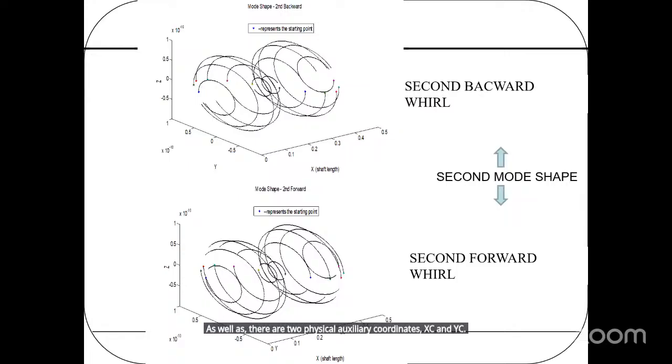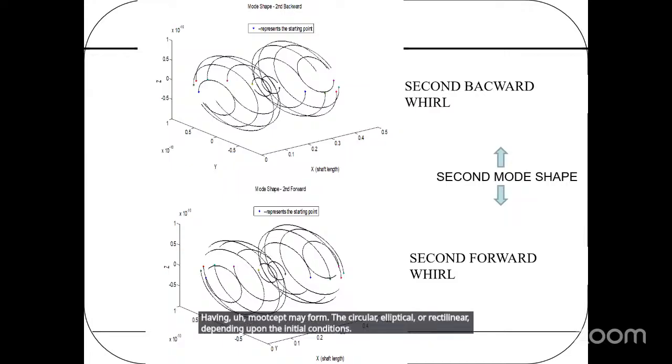So depending upon the initial conditions, the rotor shaft may rotate and the mode shape may form circular, elliptical or rectilinear.